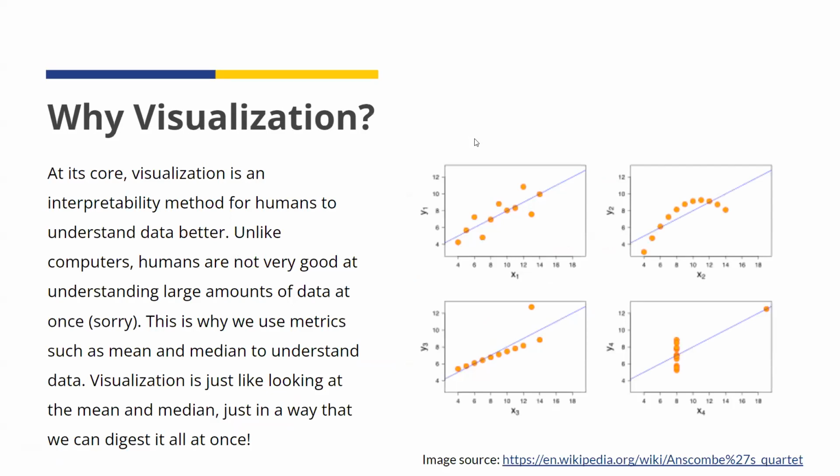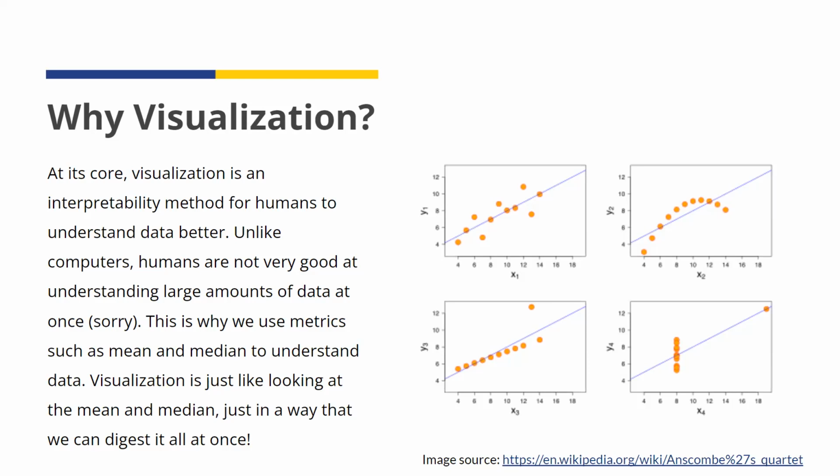The why for visualization is actually fairly straightforward. If you look at the 4 plots that we have here on the right, you'll notice that these are all very different pictures, but each of these data sets actually has the same mean and variance, which in itself is a little bit deceptive because these are all very clearly different plots, right?